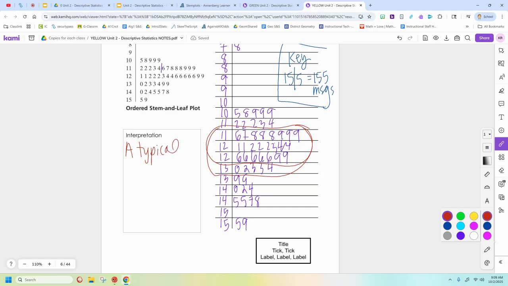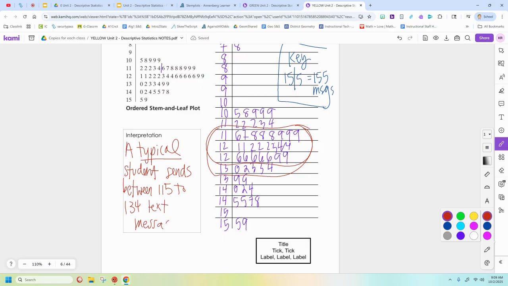so the word typical, sends between, and then we decided that 115 was our lower bound to 134 text messages.